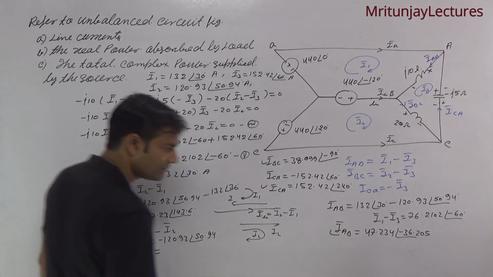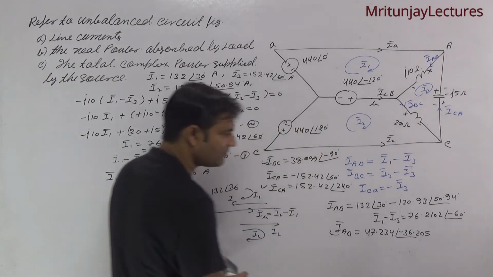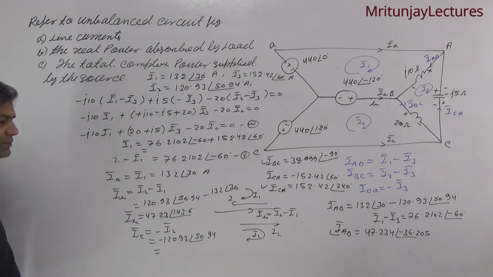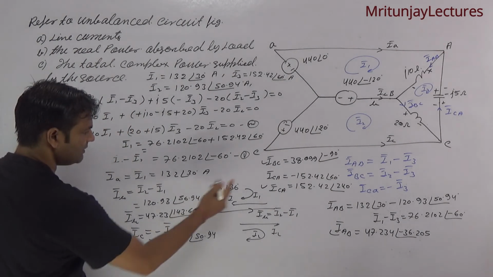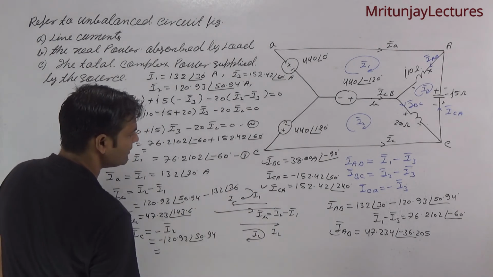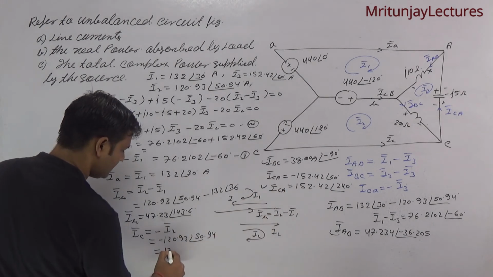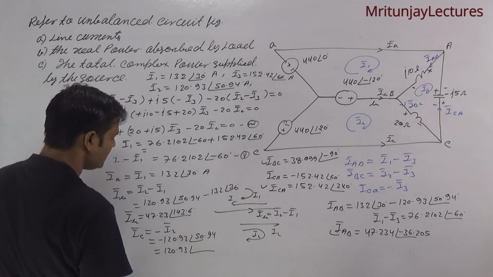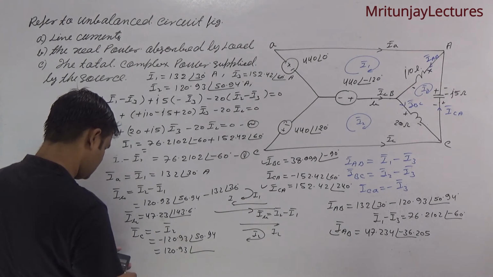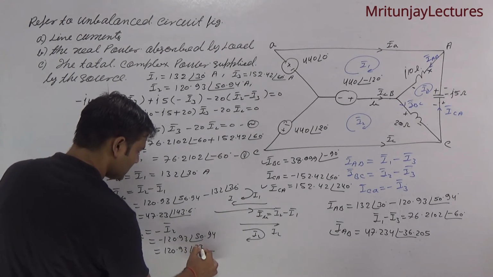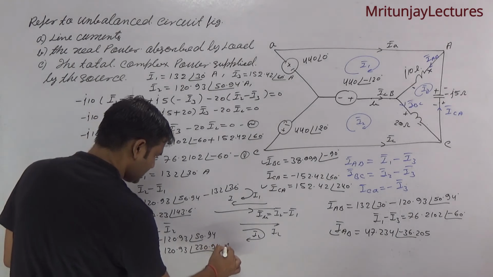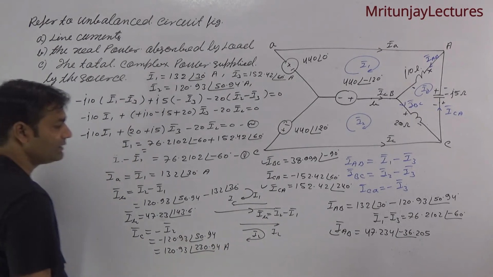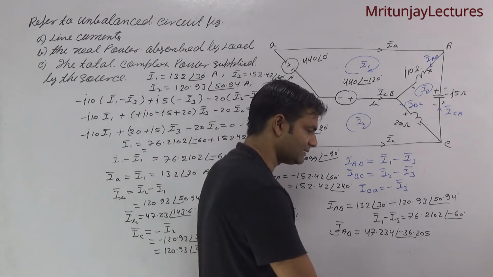It can be written as, you can consider plus 180 or minus 180. If you consider plus 180, then we got 180 plus 50, 230.94 ampere. Clear? So IA, IB, and IC are like this one.